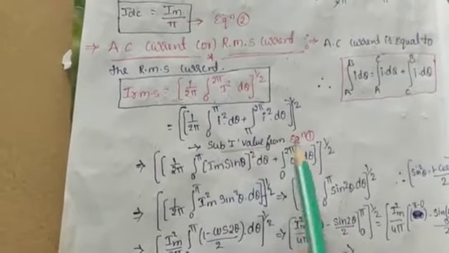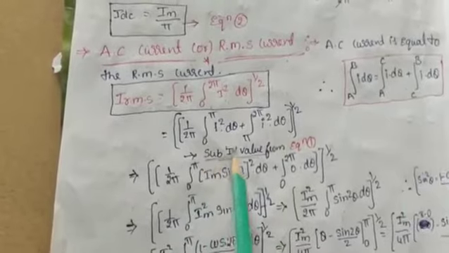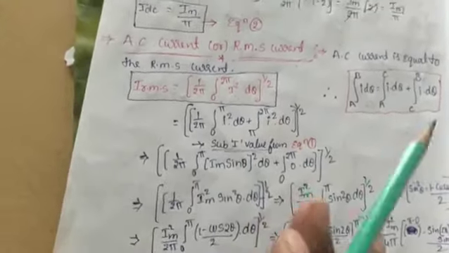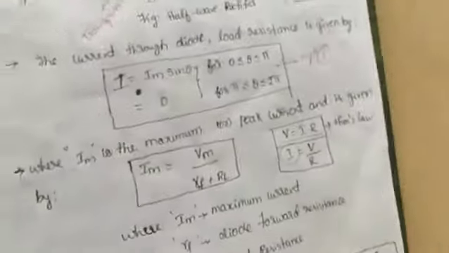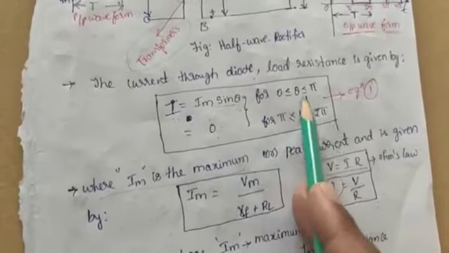Again we use the integration rule to split it: integral from 0 to pi of I square d theta plus integral from pi to 2 pi of I square d theta, whole power 1 by 2. As before, substitute the I value from equation 1: I is equal to Im sin theta in the interval 0 to pi, and from pi to 2 pi it is 0.